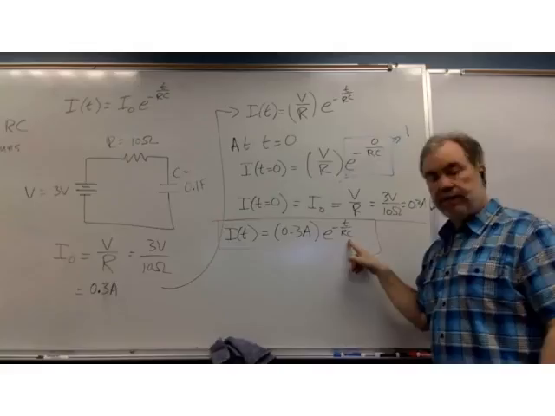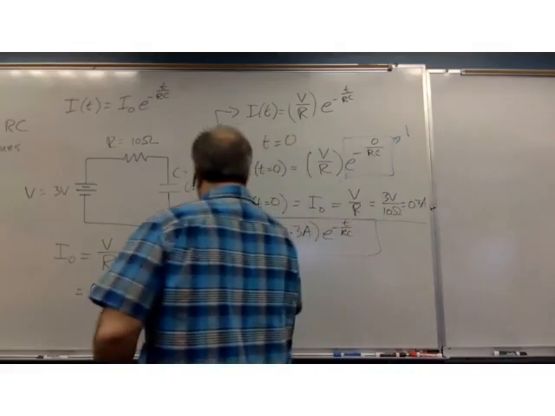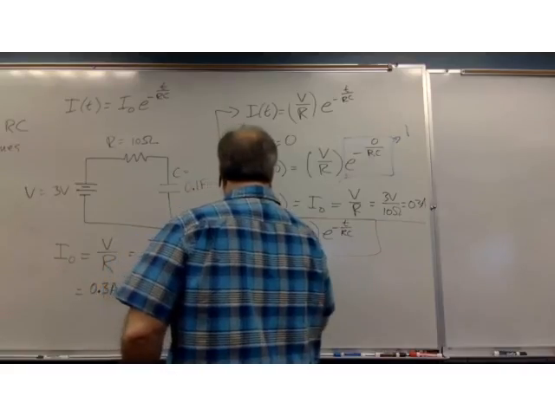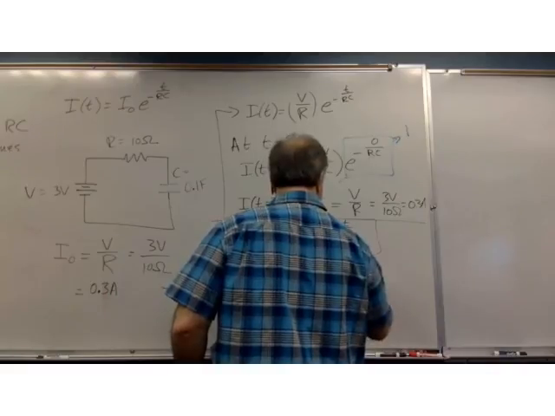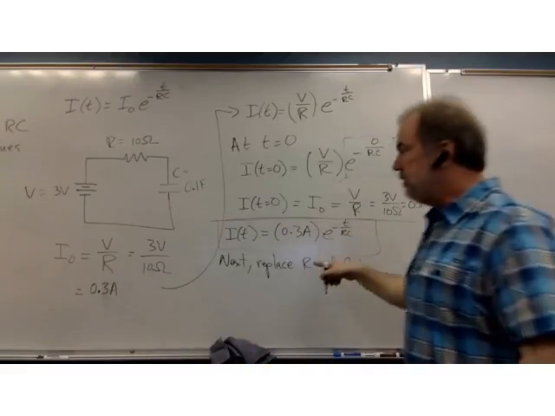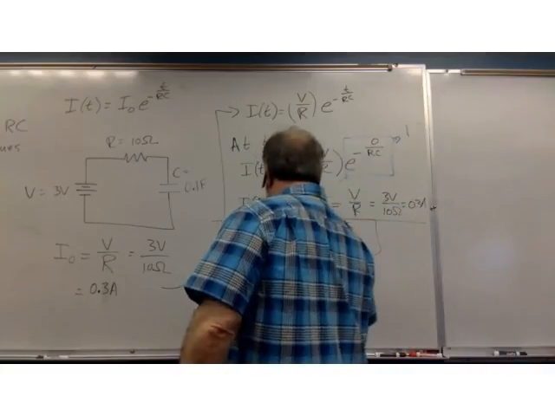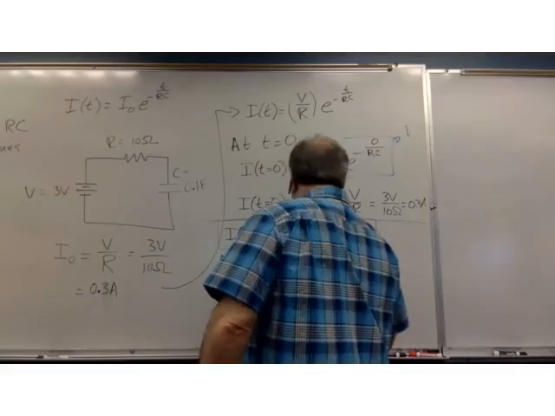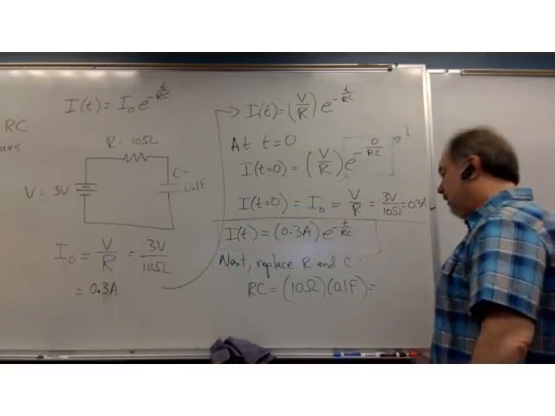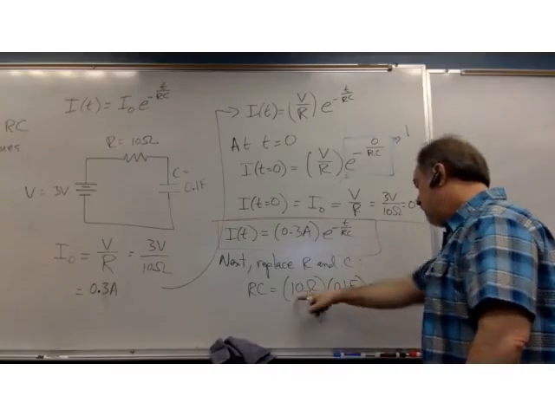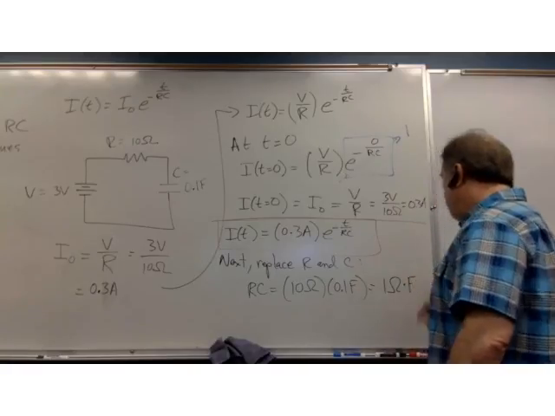Now what I'm going to do is replace the symbols R and C with their actual values. R is equal to 10 ohms. C is equal to 0.1 farad. And so 10 times 0.1 is just 1 ohm farad.